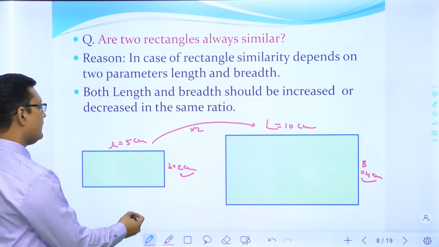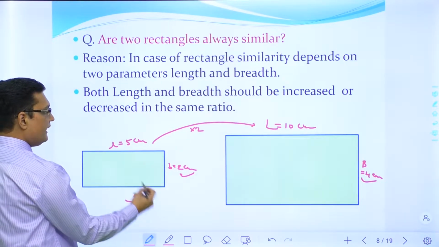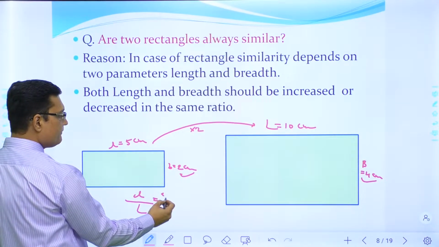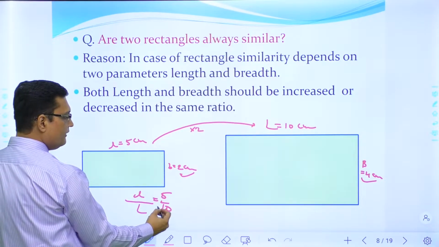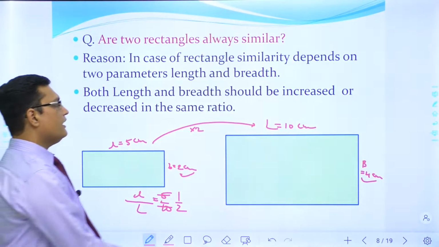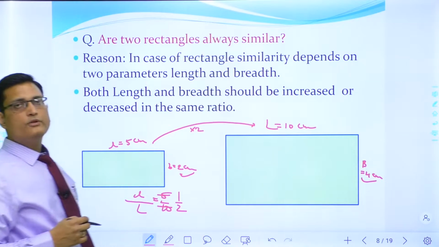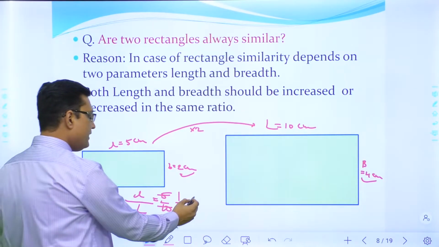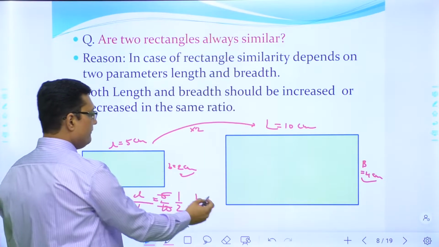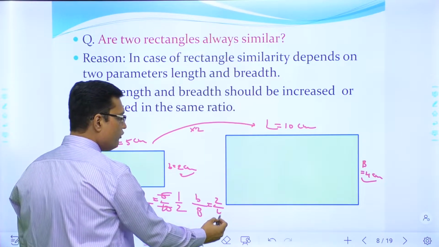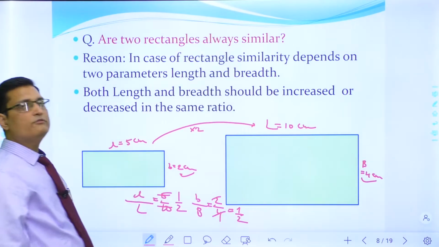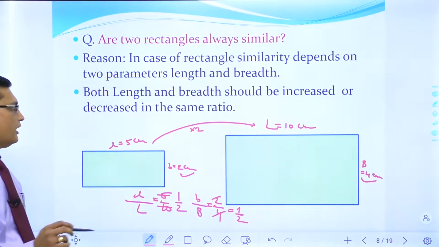So the ratio of the length of the first figure to the second figure will be 5 upon 10, that is equal to 1 upon 2. Similarly, if I take the ratio of the breadth, then I get b upon capital B is equal to 2 upon 4. Here also I am getting the same ratio, 1 upon 2.